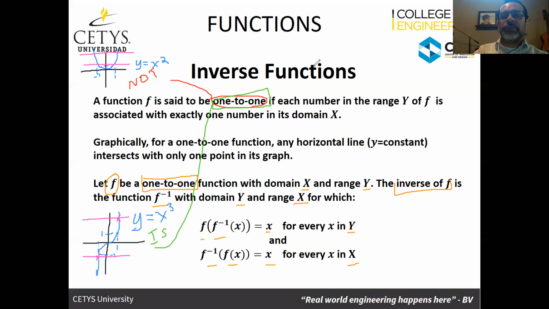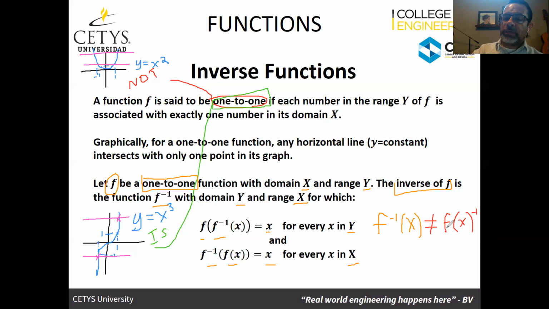The inverse of a function, meaning f to the -1 of x. Notice where the -1 is. It's here. This denotes the inverse of a function. This is not the same as saying f of x to the -1.